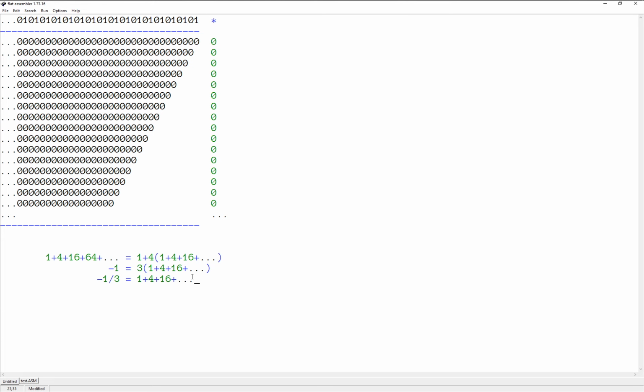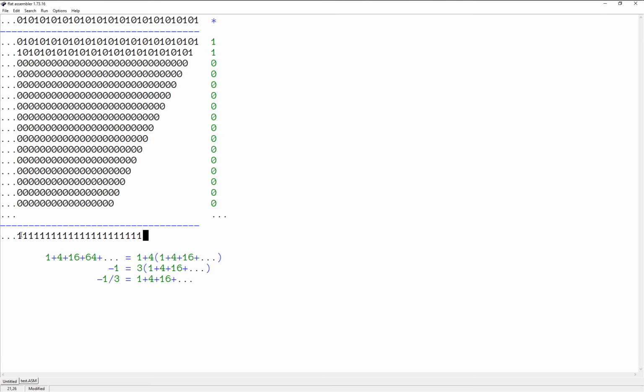So let's try it. Multiplying by 3 is going to look like this. And this is shifted. And if we add these numbers together, you can see that there is only a single 1 digit in each column.